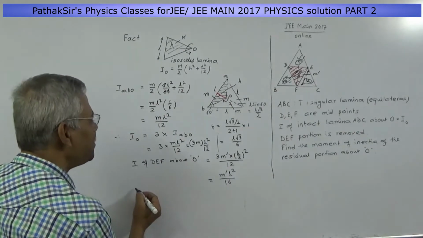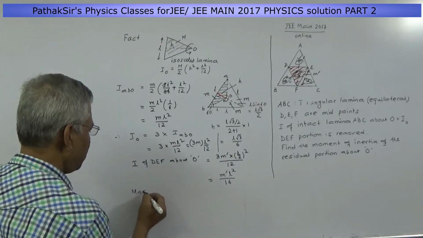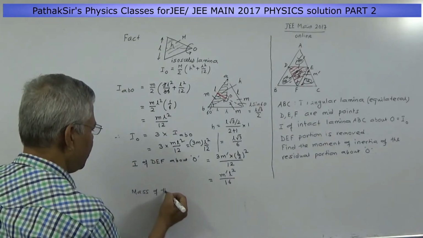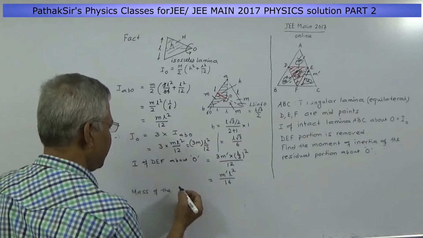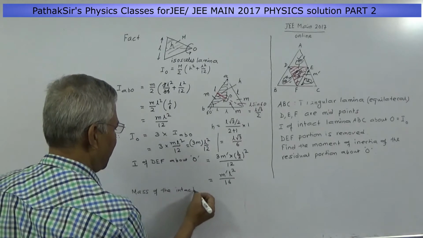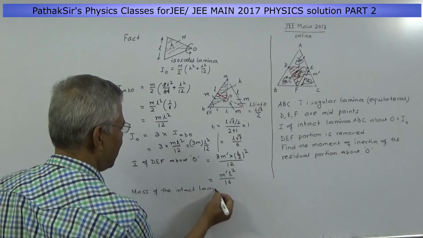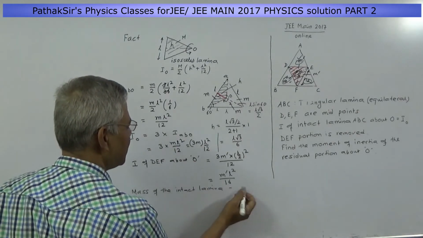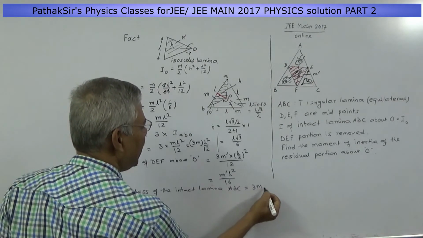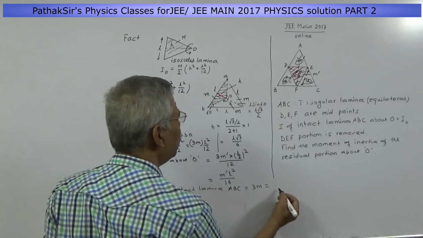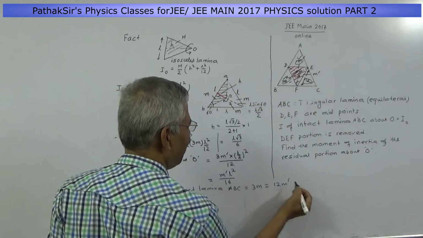Mass of the lamina, the intact lamina ABC, equal to 3m equal to 12m dash.